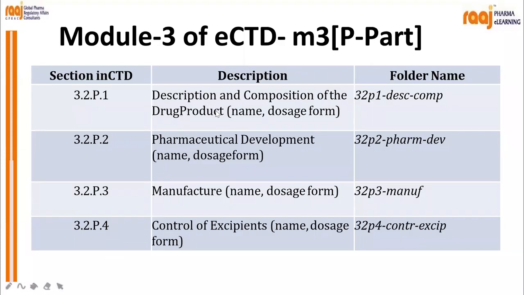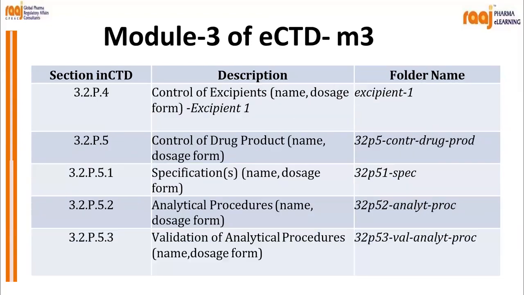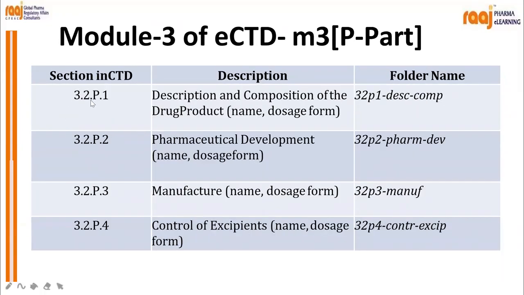So all these sections and subsections you have to remember at least for the CMC module, because most of the Indian companies are into submission of DMF and submission of ANDA. But when you go for NDA or NCE, then you have to remember all the other modules and submodules of module 4 and 5 as well. So this is pretty clear.